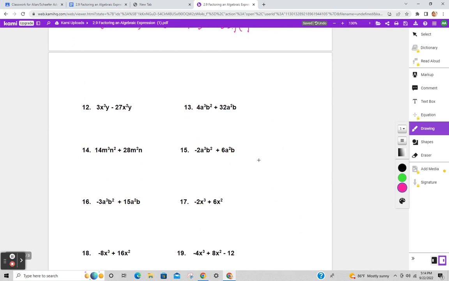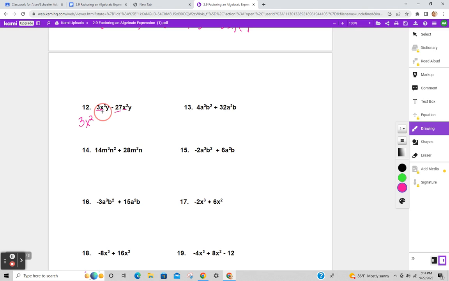Okay, number 12. So we have multiple variables in each term. So we're going to have a number and 2 variables as our greatest common factor. So 3 is the greatest common factor between the 2 numbers, 3. And x squared will be the greatest common factor for x squared and x cubed, because x squared will divide x squared, and x squared will divide x cubed.